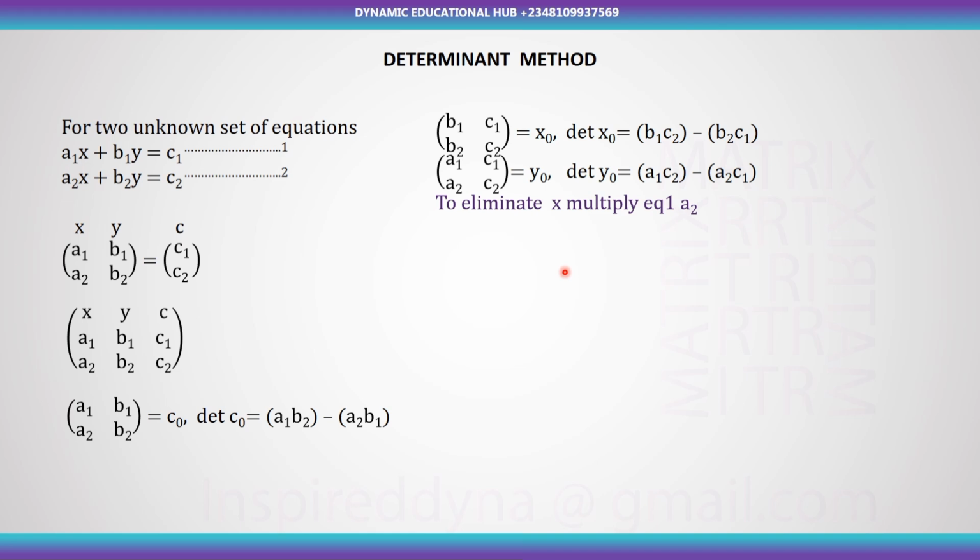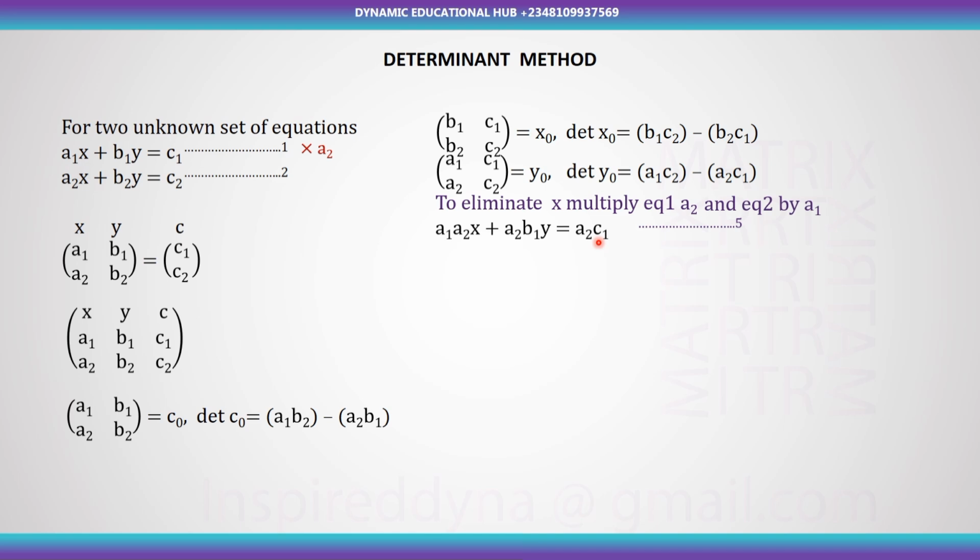Multiplying equation 1 by a2, we are going to have a1 a2x plus a2 b1y is equals to a2 c1. Then we call it equation 5, the fifth equation.